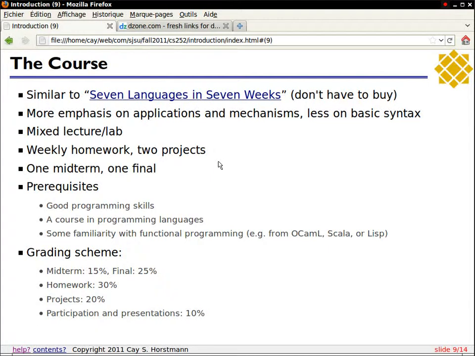But I'm kind of expecting that you have the basic programming skills, that you have had a course in programming languages where you have had some familiarity with a functional programming language. Now, that might have been a few weeks, but hopefully more than a lecture.